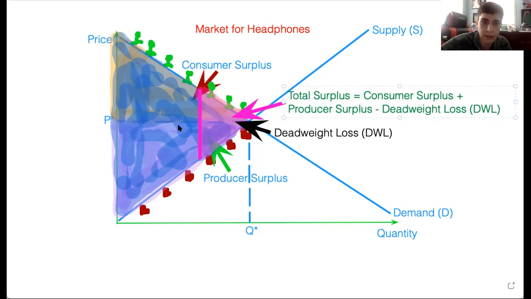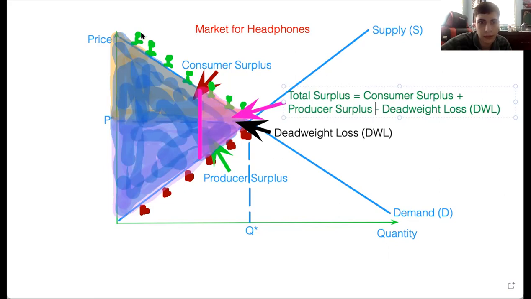Producer surplus is the exact opposite. It is everything below the equilibrium, all the way on this side of this supply curve. So that would be your producer surplus. Total surplus in a perfectly competitive market would be this whole entire area. Why?